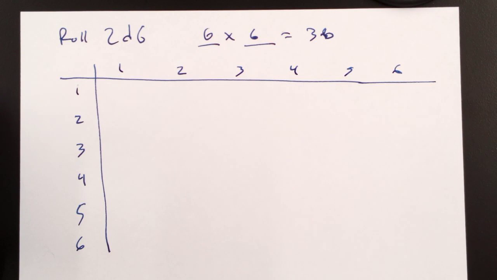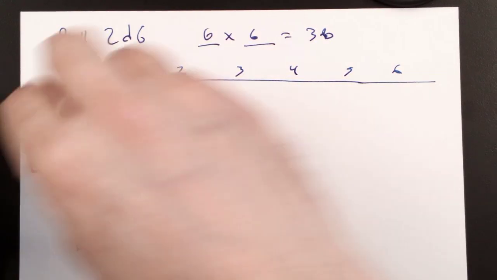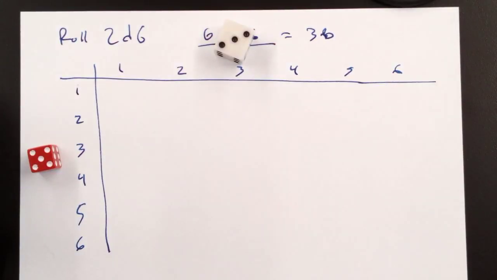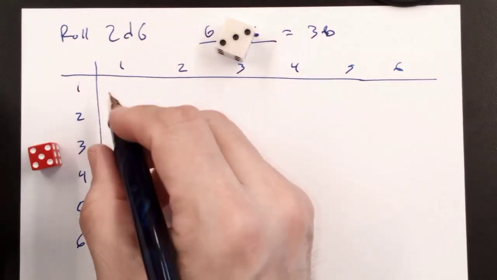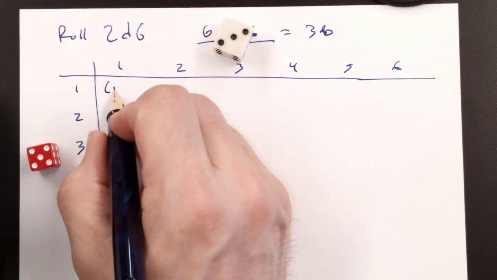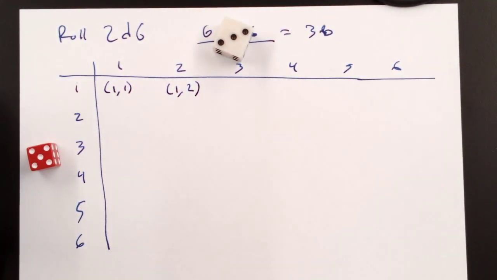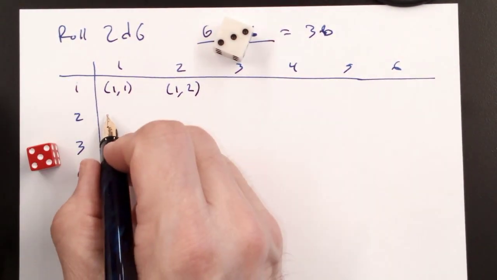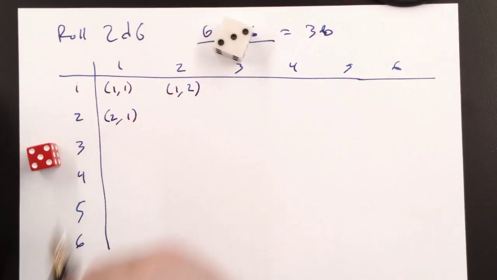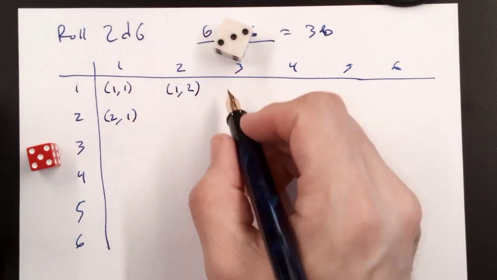Now, my dice happen to be red and white, so I can even go so far as to say which die is which so that I can tell them apart, right? Because then I can tell the difference between rolling a 1 on the red die and a 2 on the white die, as opposed to rolling a 2 versus a 1, right? And I can just keep going.